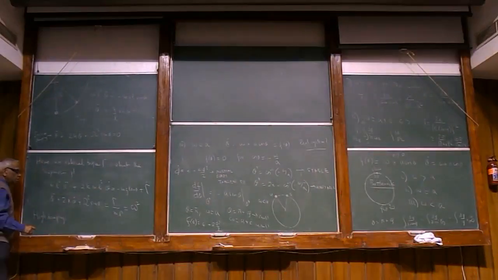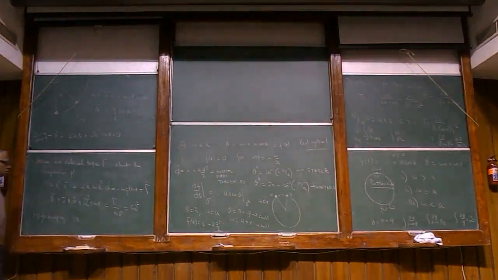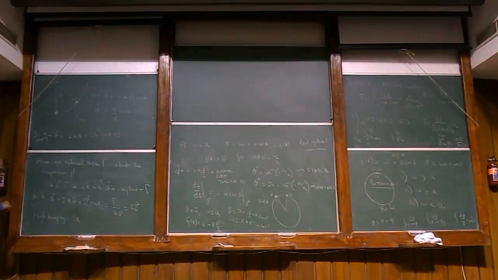high damping, which means that 2k, now what is high damping? There is a time scale involved in this problem over here. So if I look at the dimensions of these terms, this term, d squared theta dt squared, has the dimension 1 over t squared. This term has a dimension which is 2k over t.